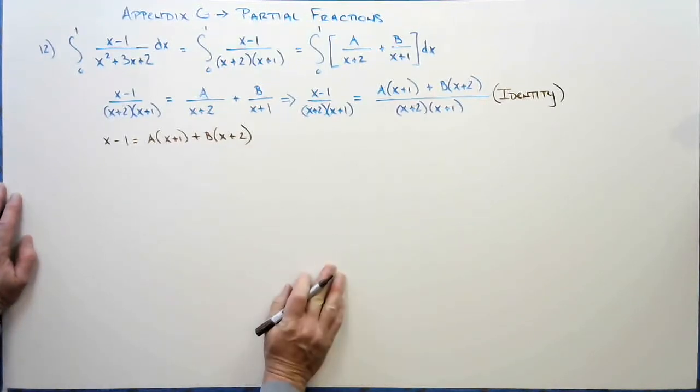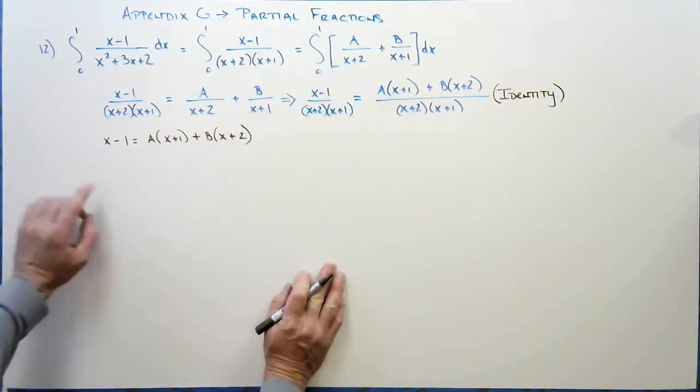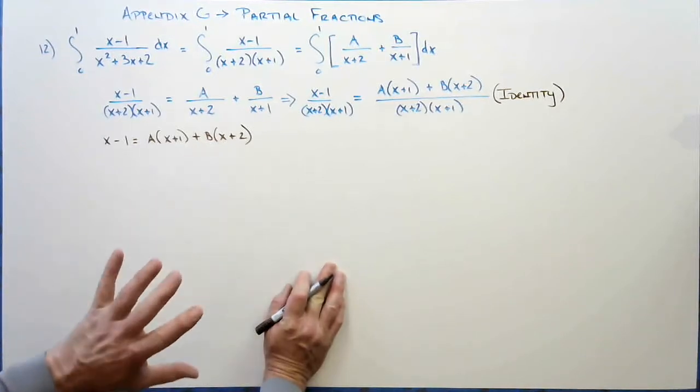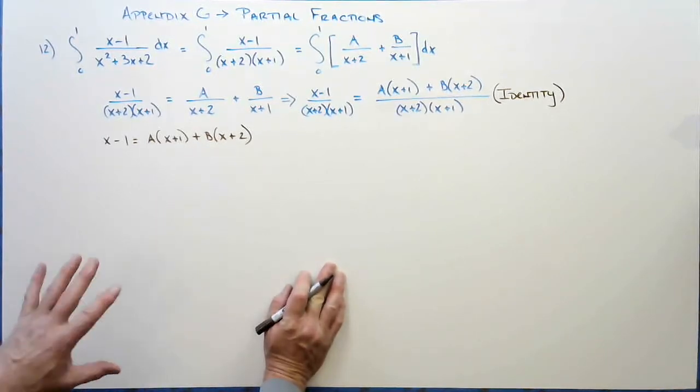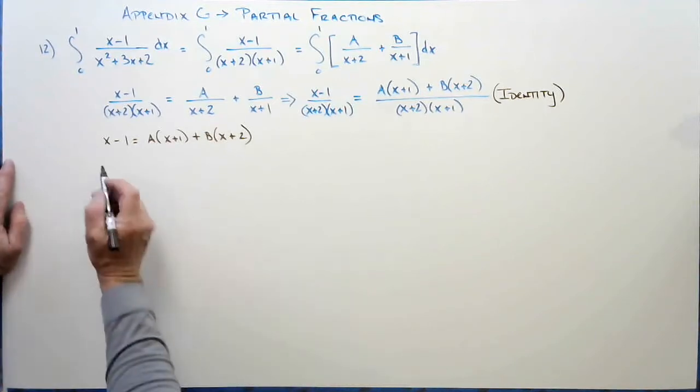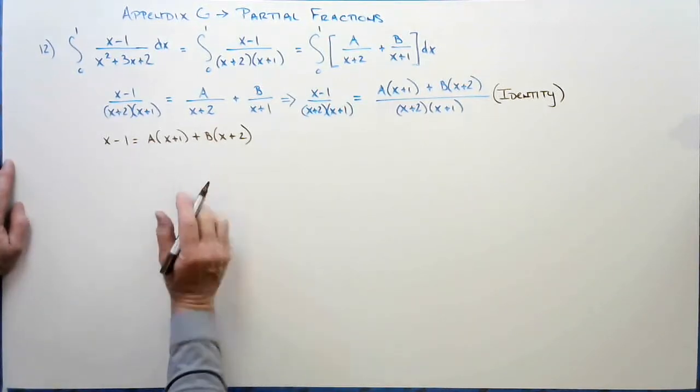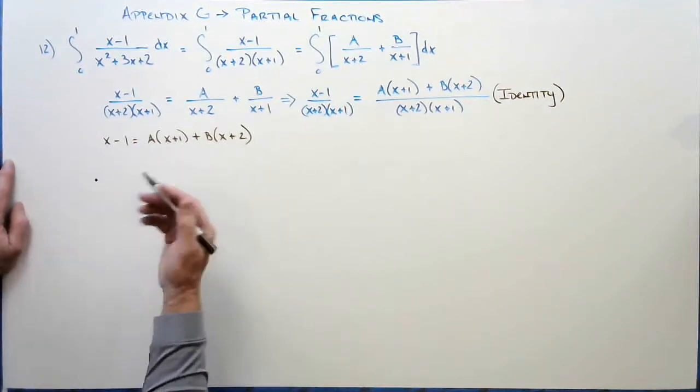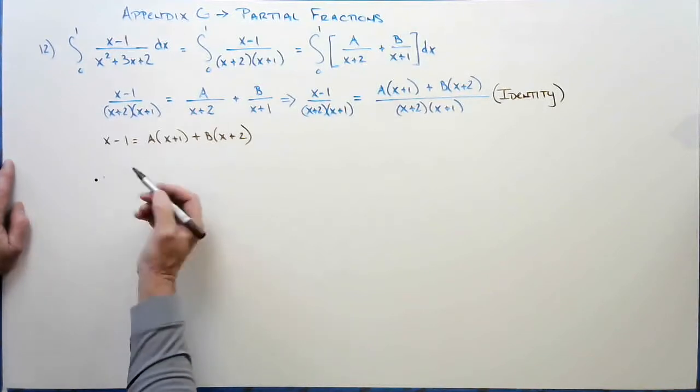And now we have a couple of choices on how we proceed. We could multiply these out and use a system of equations to solve for A and B. That is acceptable. In a case such as this, it might be a little more straightforward.